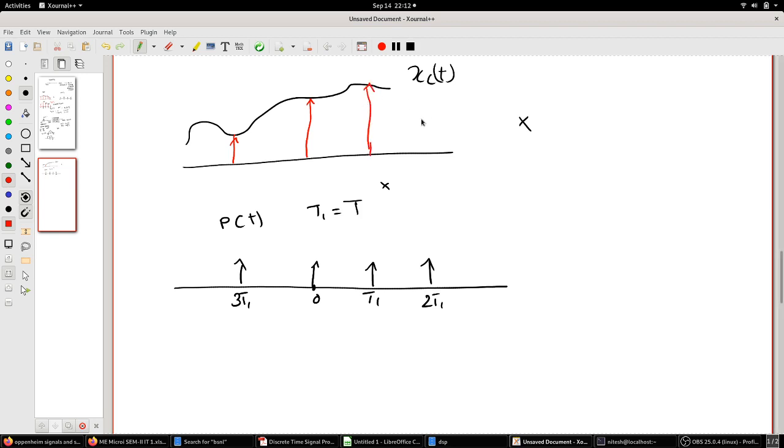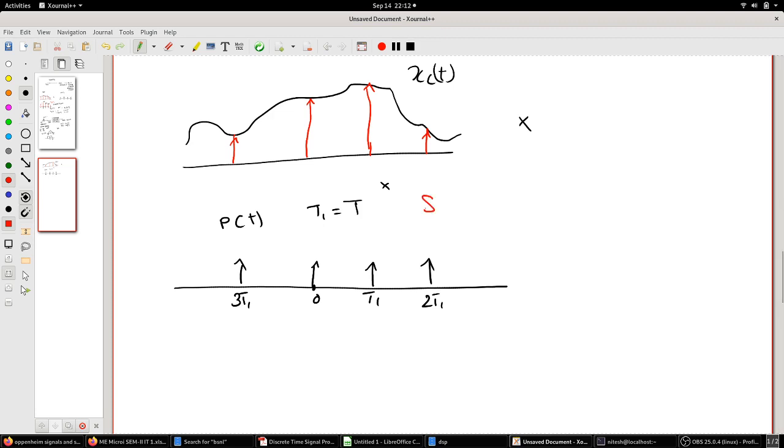The impulses, the time instances will be determined by the delta of t minus kt1.